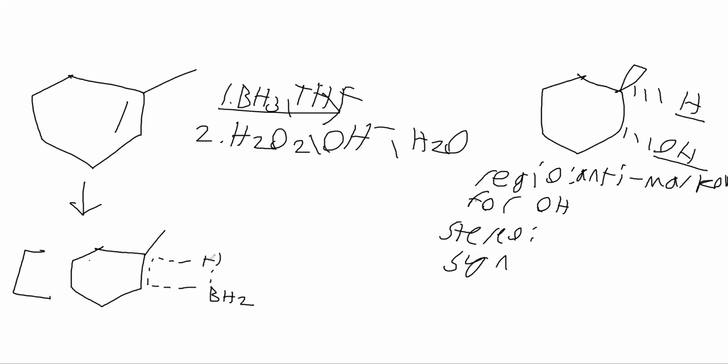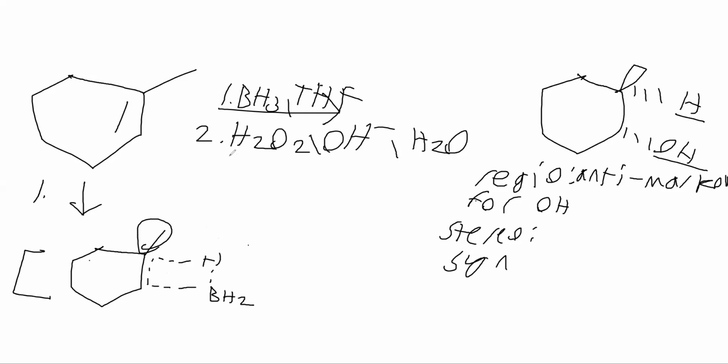So this BH2 and the H here are basically the BH3 that we added, and it forms a sort of cyclic intermediate. And the BH2 goes down here because it is large, like a methyl group. It doesn't want to get close to this methyl group here, so it stays down there. So that's the first step.